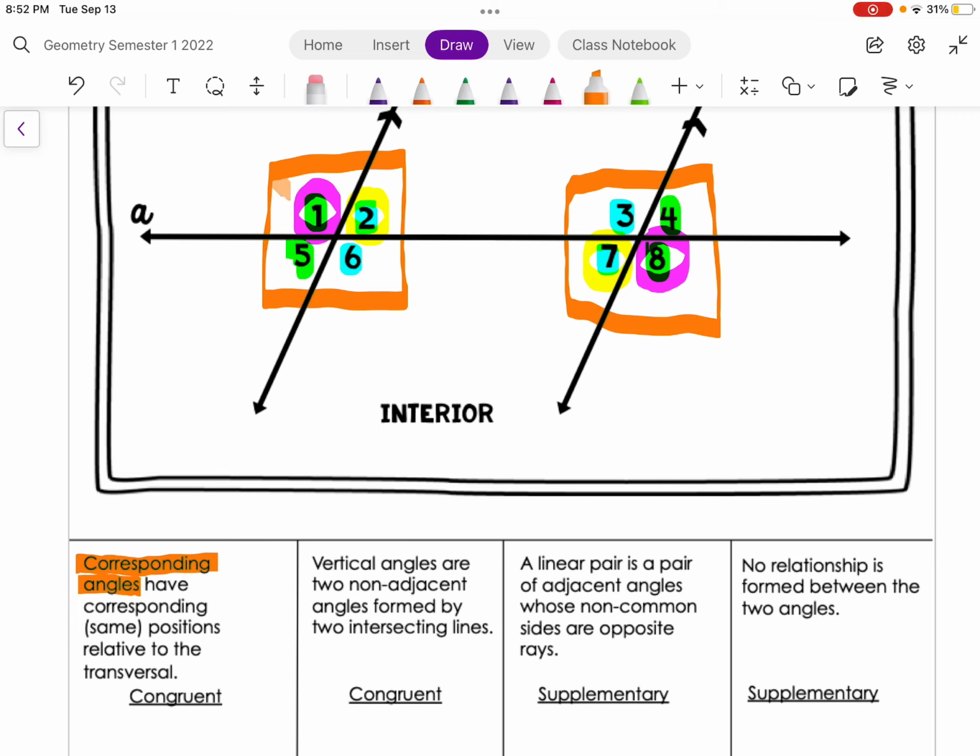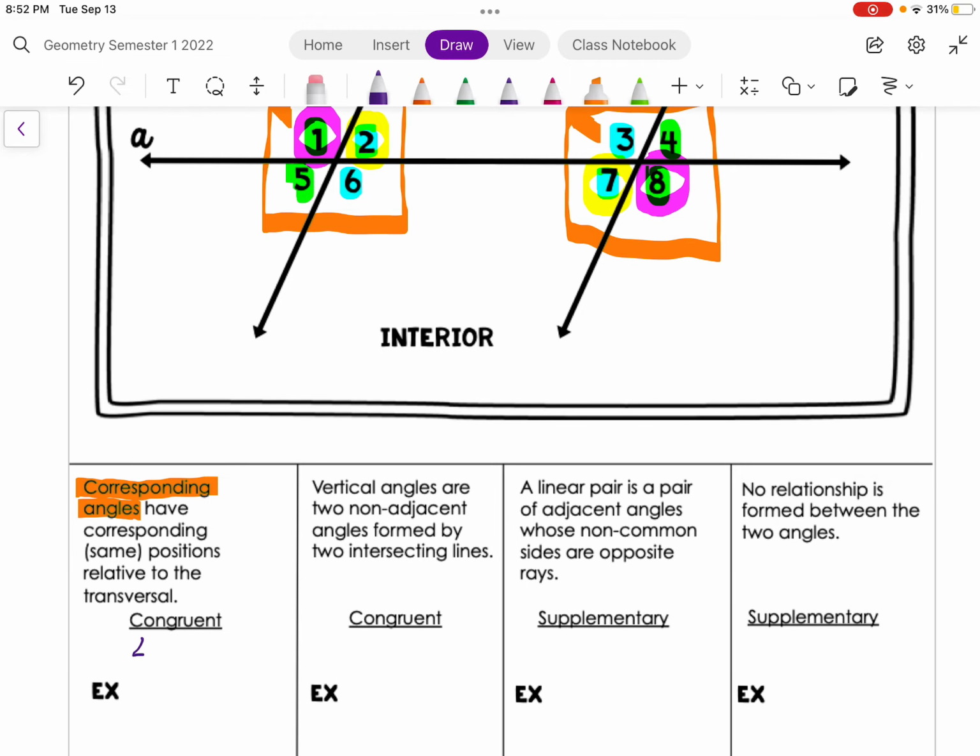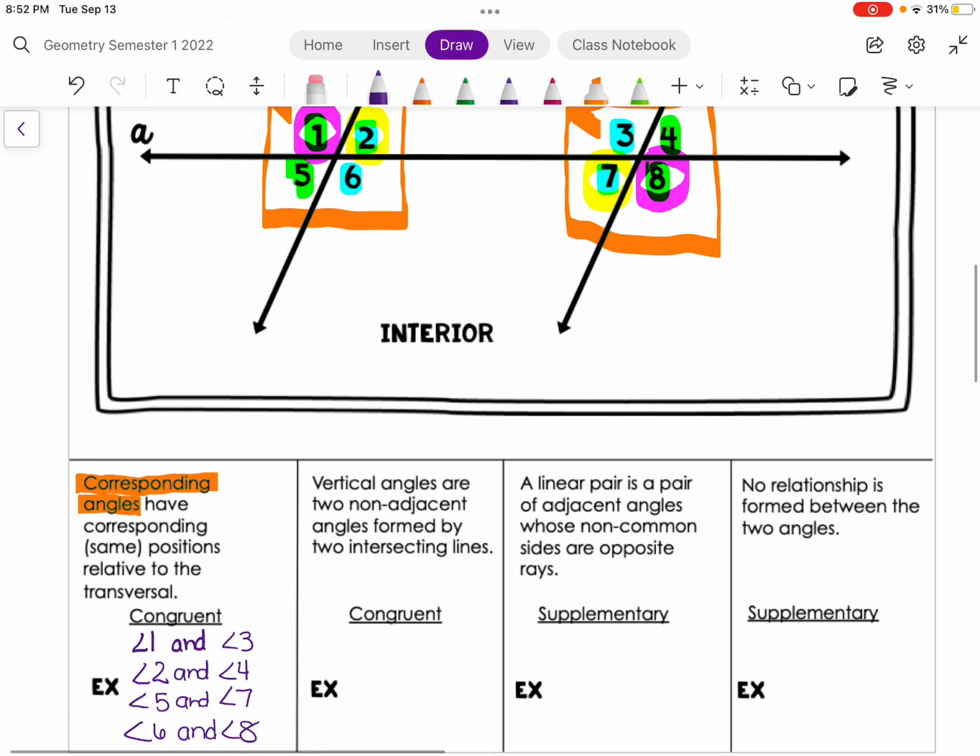So like 1 is in the same spot as 3. That is corresponding angles. So angle 1 and angle 3. Another one would be angle 2 corresponds with angle 4. Angle 5 corresponds with angle 7. And angle 6 corresponds with angle 8.